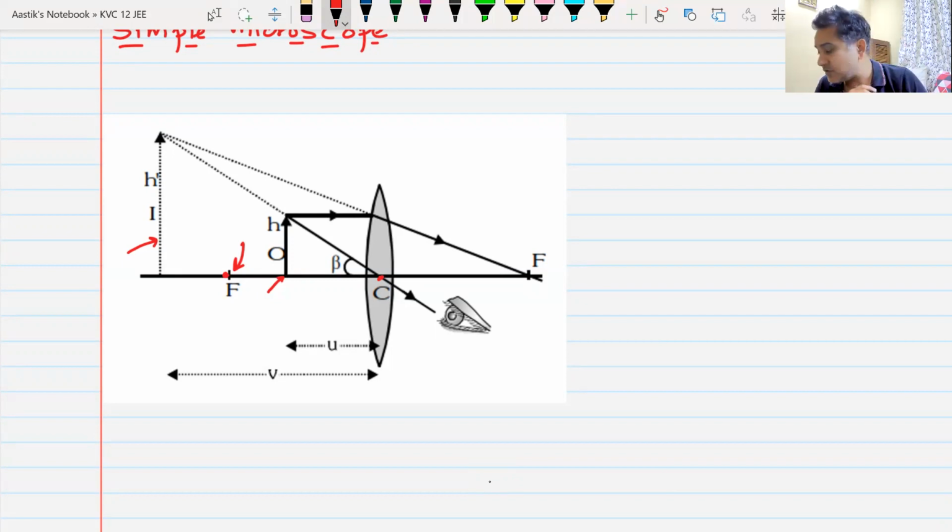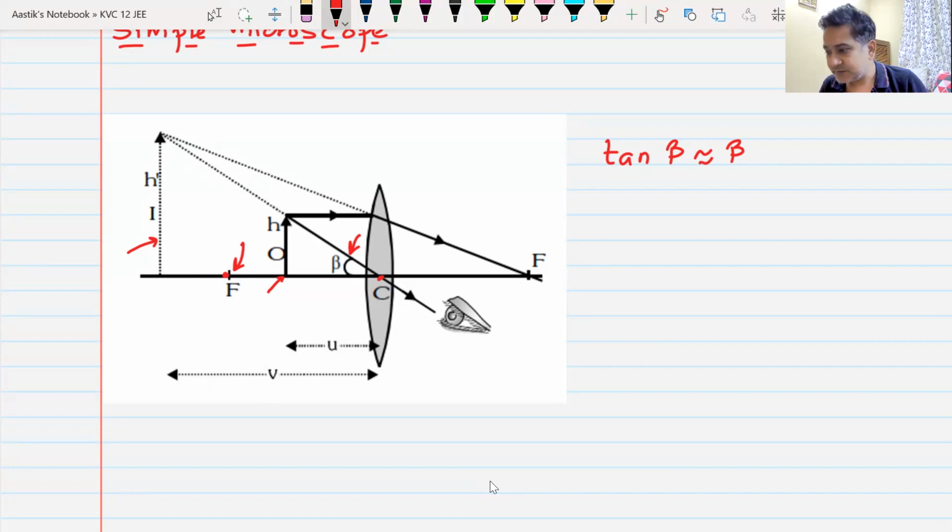Now, what you should see is this angle beta, that this lens subtends at the object. Since we are talking about small angles, this tan beta is literally equal to beta if the angle is very small. I hope you remember this. Yes or no?